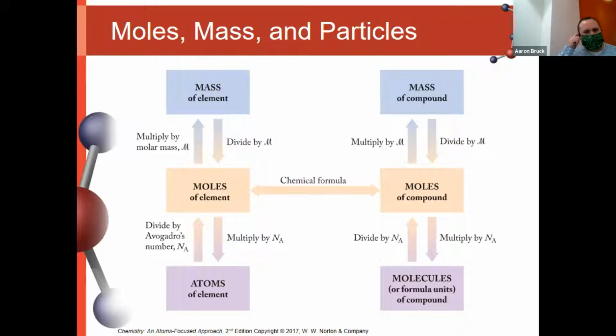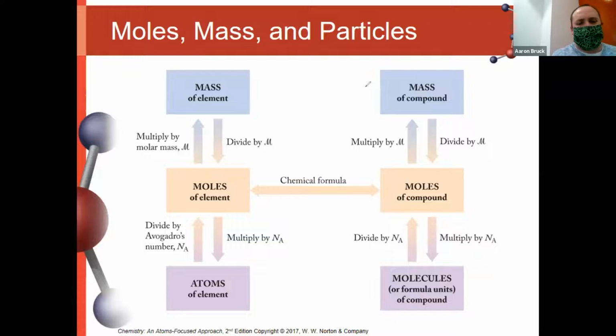And what's interesting about this particular graphic is, yes, we get specifics on if I'm going from mass of a compound to moles of a compound, then I'm going to want to divide by the molar mass of the substance. All these little configurations can be linked together in a string of calculations in the same kind of way that we did unit conversions at the end of chapter 1.